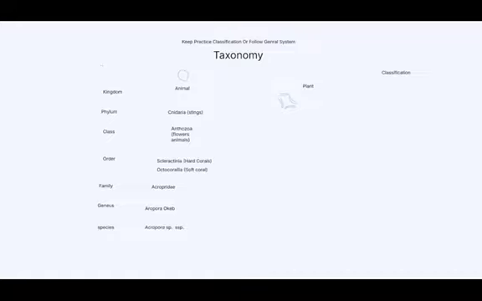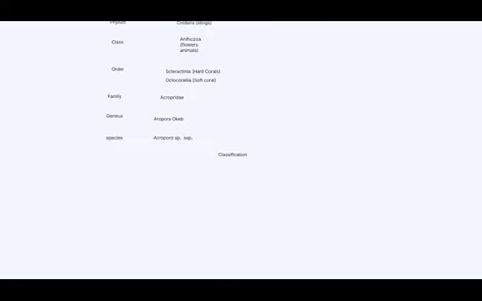So we have another classification system which we use underwater, which is based on the skeleton. This is the easier way.